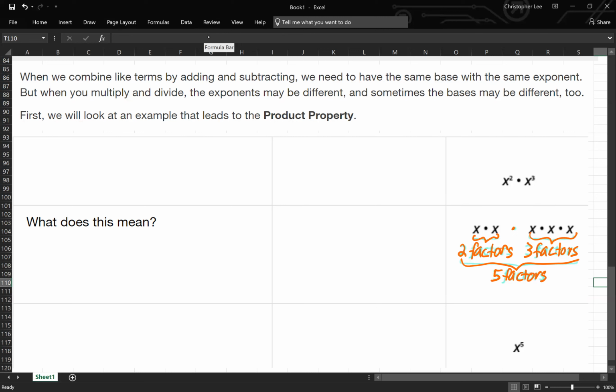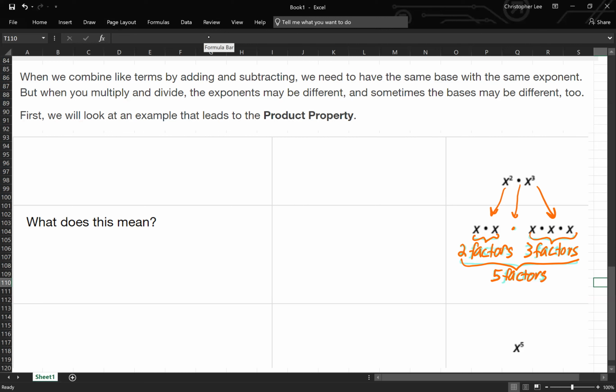Okay. So let's say that I have x to the second power times x to the third power, right? So now these have the same base, but they have different exponents, right? So what does that mean, right? That means that I'm going to take x times x, is x to the second, right? And then I'm going to multiply that times x to the third, which is x times x times x, right?